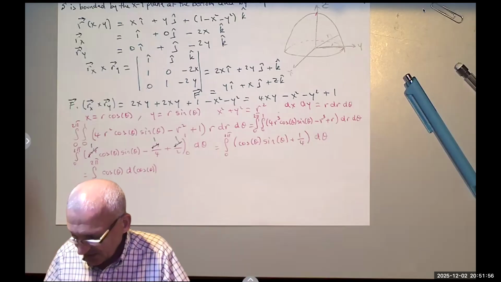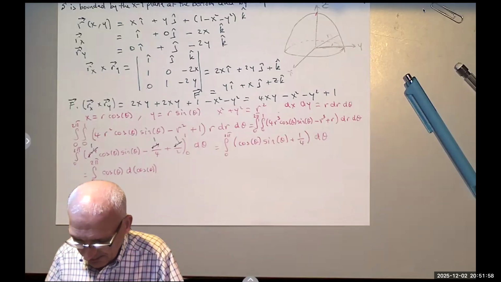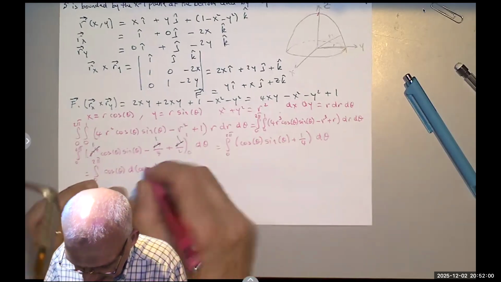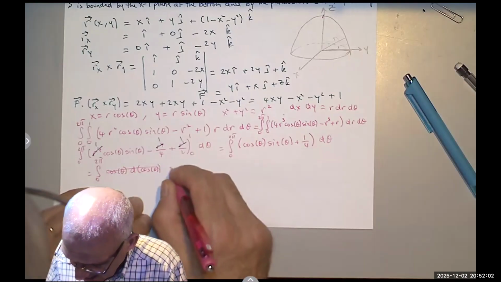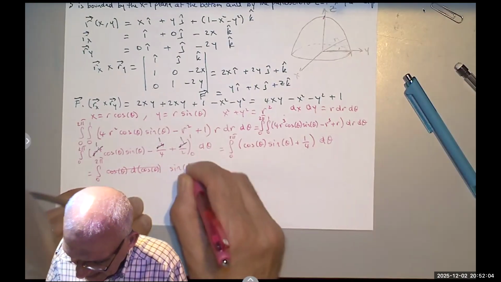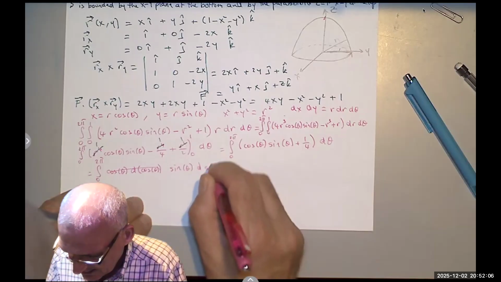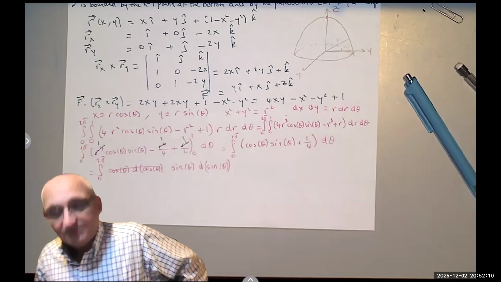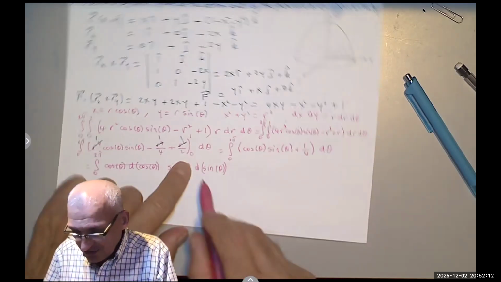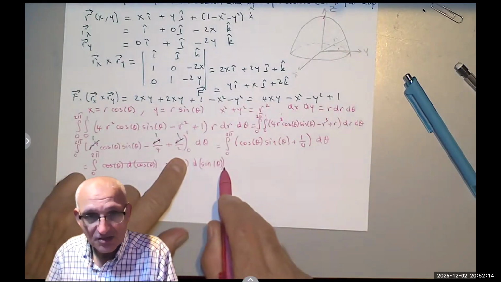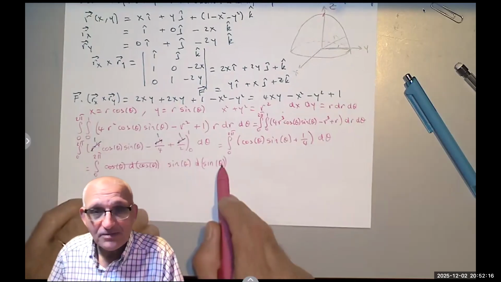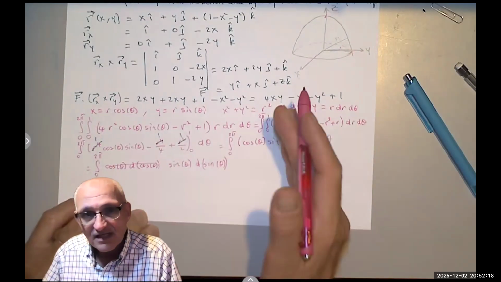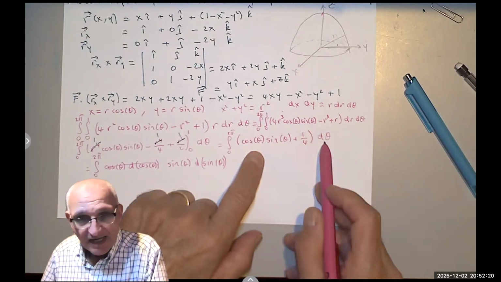So I should have said it's sine theta d sine theta. What does that mean? It means, what is the derivative of sine? It's cosine. So d sine theta would be cosine theta d theta, which gets you back what you had.